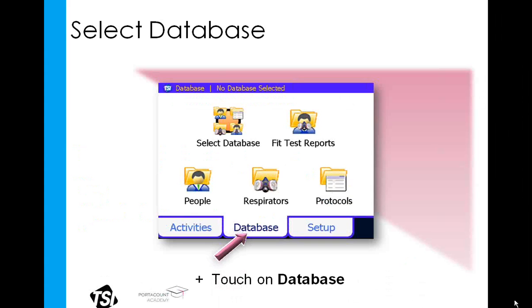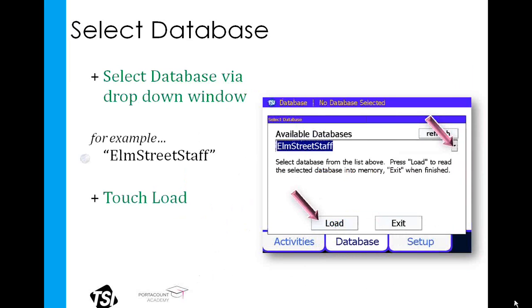On the touchscreen of the PortaCount Pro, tap on the Database tab located in the middle bottom portion of the screen. Then tap on the Select Database icon. From the Select Database window, we should be able to view all available databases via the drop-down menu across the top.